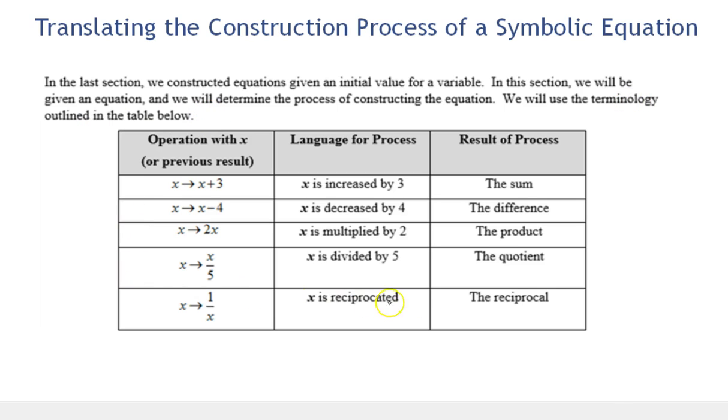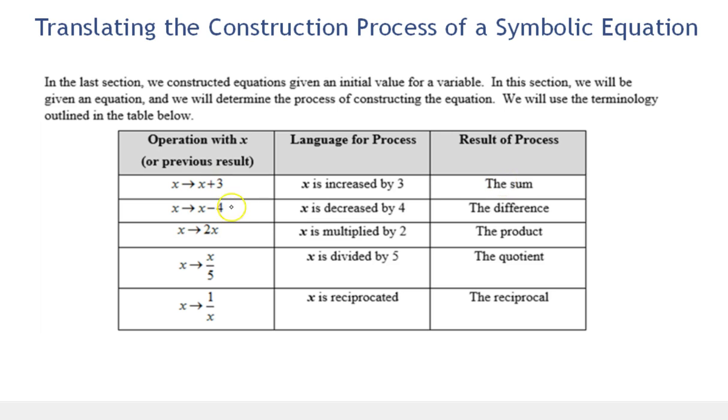So this table is in your media lesson packet, and if we're starting with x or some previous result, we'll see how this applies later, and we want to add 3, so go from x to x plus 3, we will describe this process as x is increased by 3, and we will call the result of the process the sum. Okay?